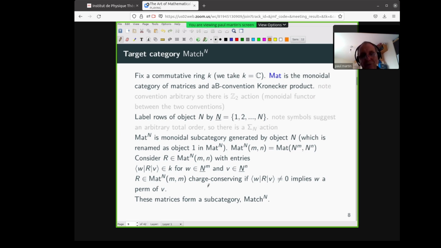I'm just speaking out the organizational scheme because it'll be useful. Right, and in particular those matrices form a subcategory of mat n, which I'm going to call match n. So that's charge conserving rank n matrices.